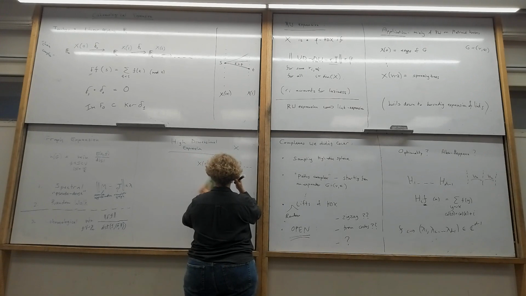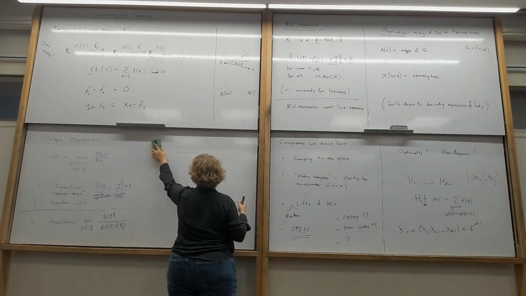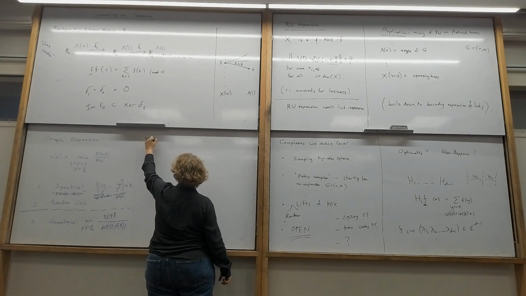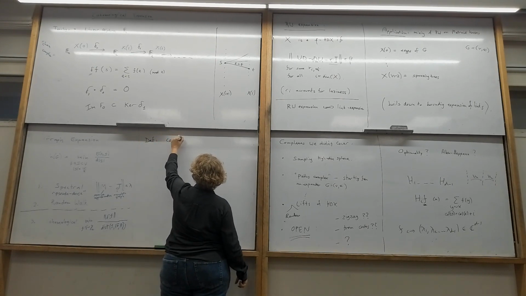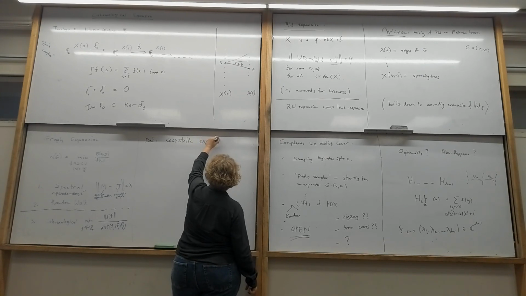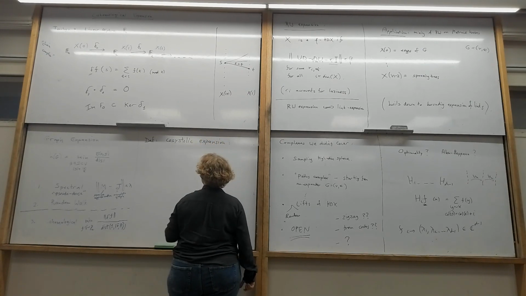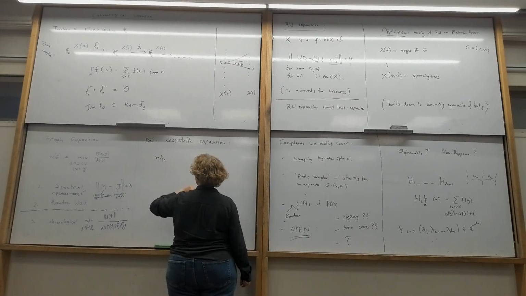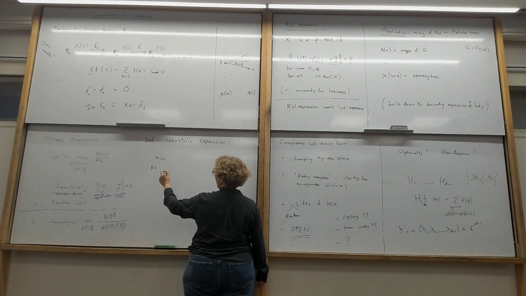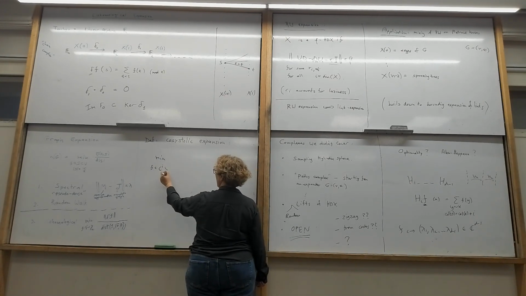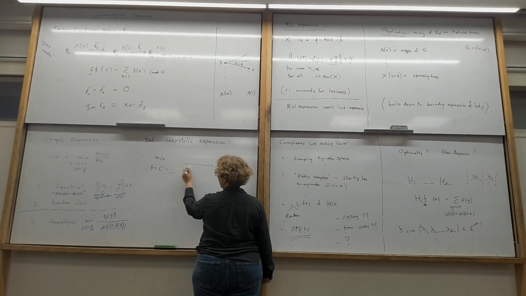So let me remind us. We defined cosystolic expansion to be the minimum. Now I'm going to take f to be an i-chain, so let me call it Ci, but I'm not going to allow it to be in some set that appears here in the denominator.